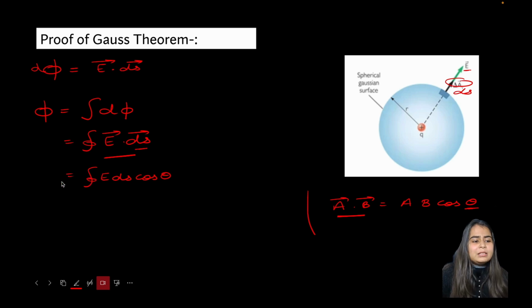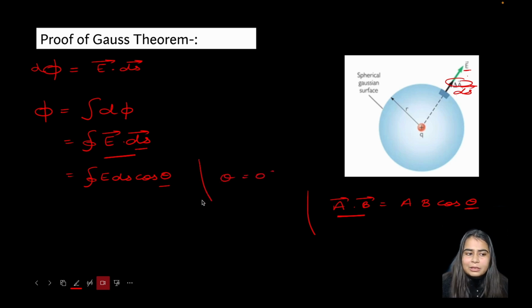And now what is this angle theta? This theta is the angle between the electric field vector and the area vector ds, right? Now simply you can see from the figure what is the angle between E and ds. This angle is nothing but 0 degree.